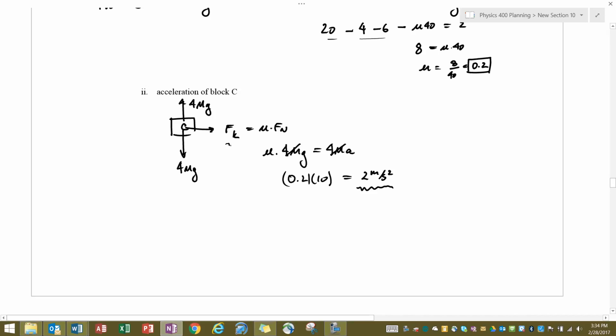So this wouldn't be kinetic friction that we're talking about. This would be static friction. But I'm not quite sure why that ends up being this way. So if you find a mistake in here, that would be great.